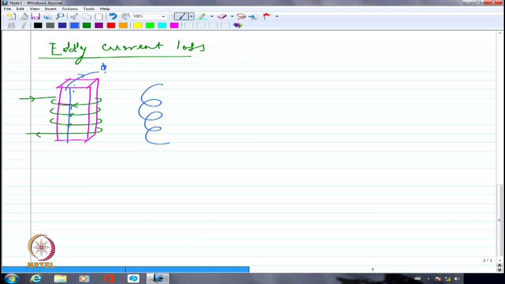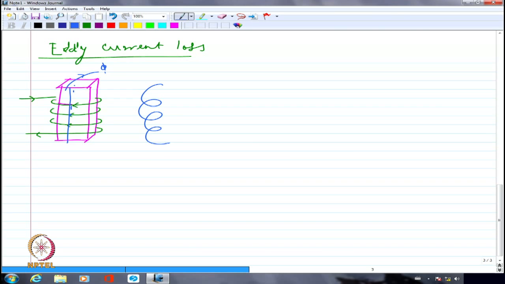That is what is transformer action. But the core which is a conductor, that is also not going to keep quiet. That will also definitely have an induced EMF. So I will have an induced EMF in the ferromagnetic core as well, because of the rate of change of flux it is being subjected to.